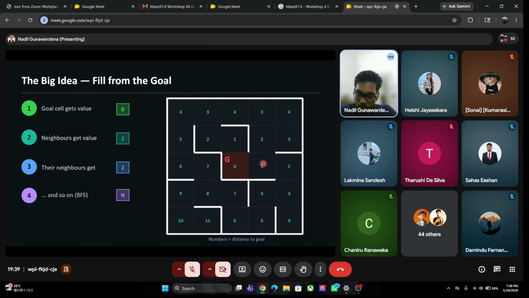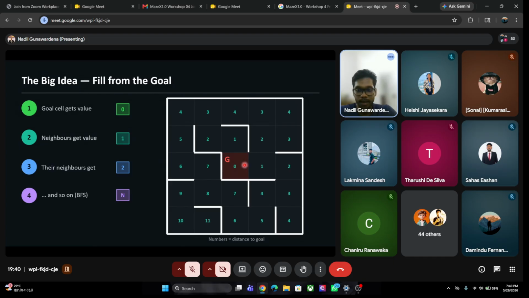Now the number of the cell that I am in right now is number 1, so the neighbors of number 1 should get number 2. Then you move to number 2, and where are the neighbors? These 2, so you give 3 and 3.